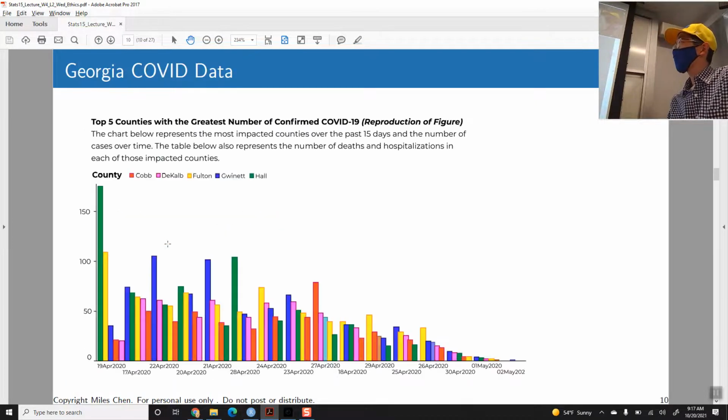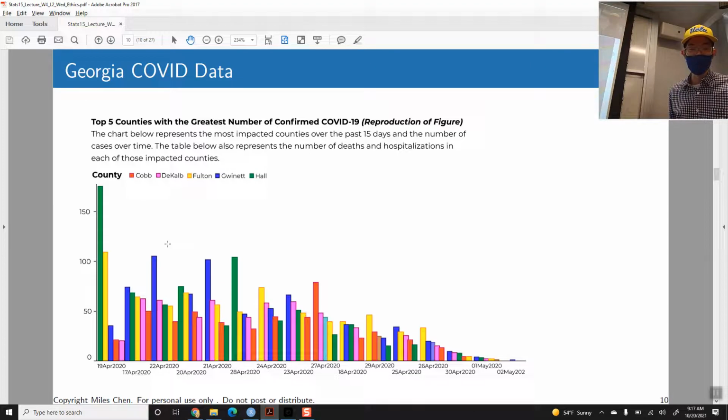Okay. So here's another. This one's very recent. This came out in around May of 2020. It came out of Georgia, and it was titled "The Top 5 Counties in Georgia with the Greatest Number of Confirmed COVID-19 Cases."